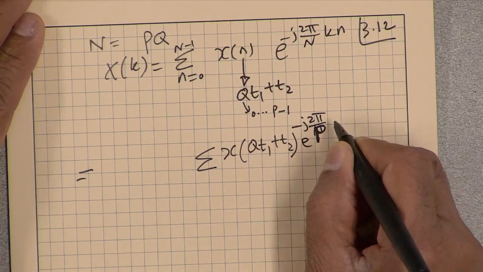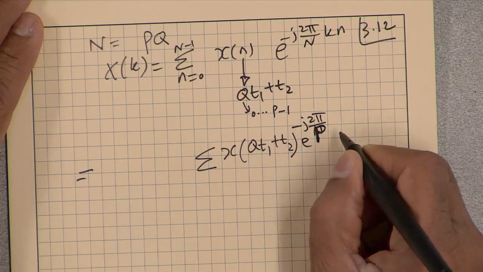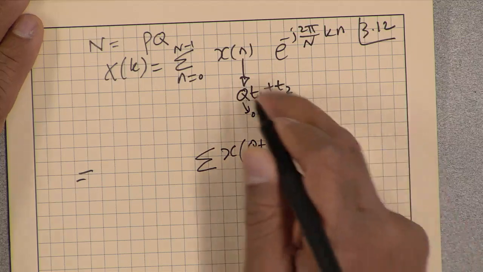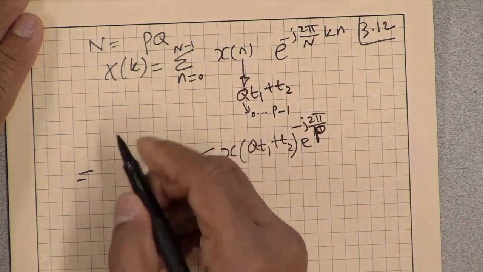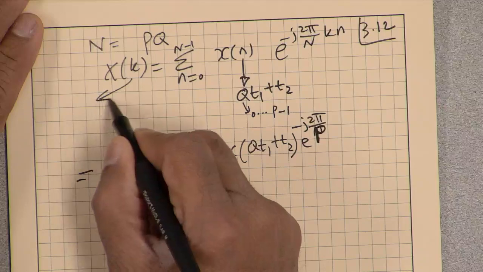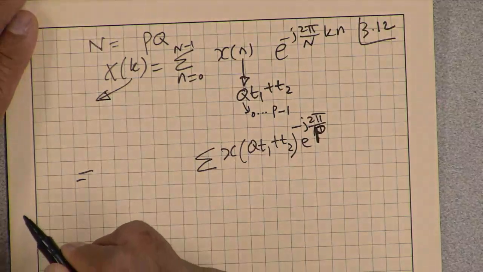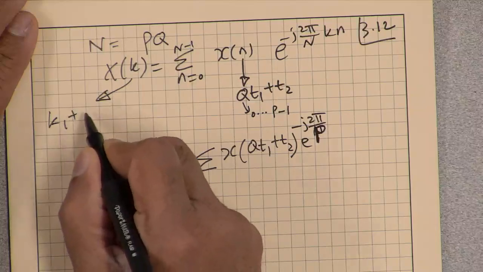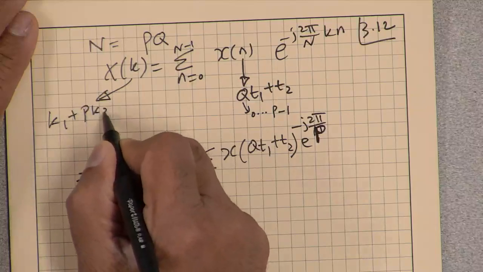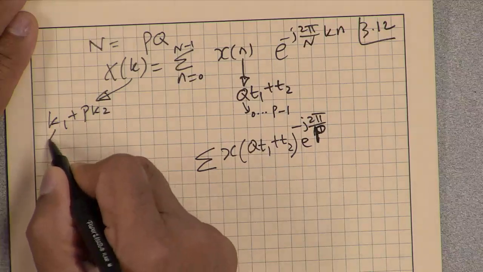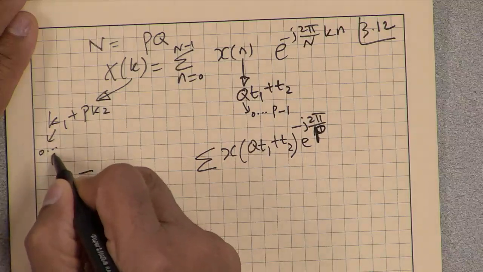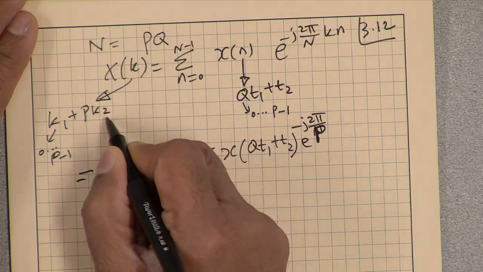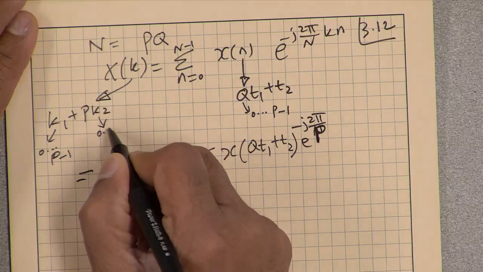Okay, so n is replaced by this quantity, and it may not be obvious yet, but let's define k as another index k1 plus p times k2, and this k1 will be 0 to p minus 1, k2 will be 0 to q minus 1.